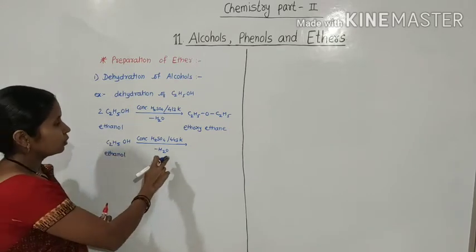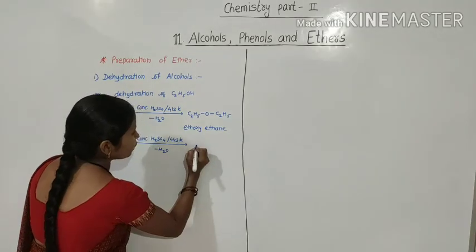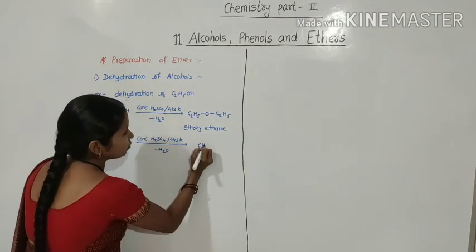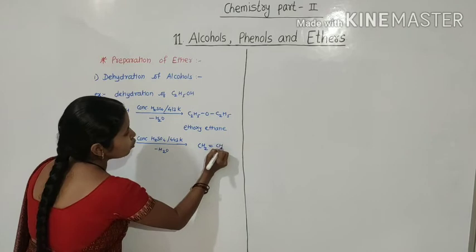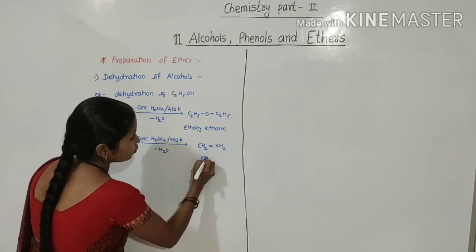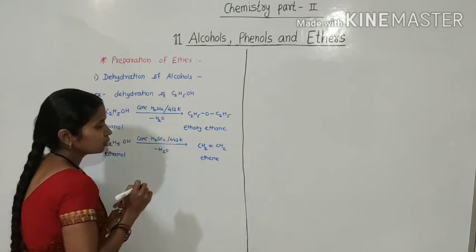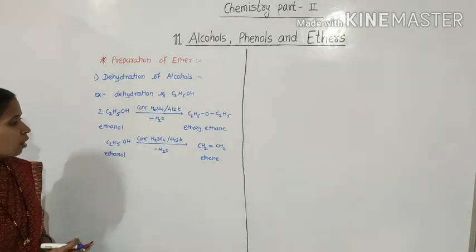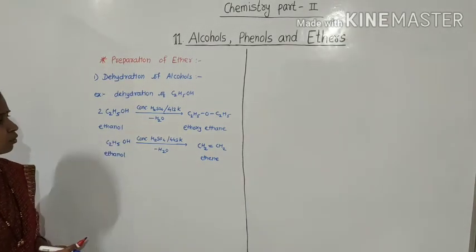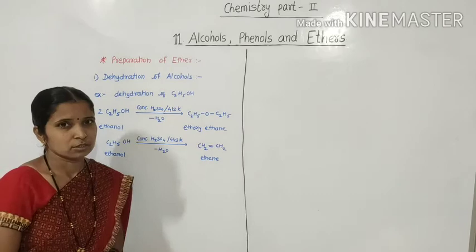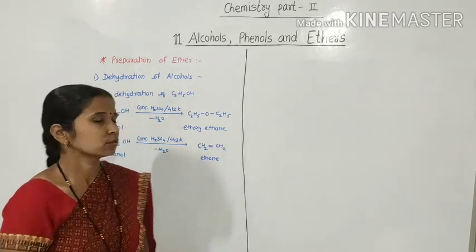The product formed is called ethene, CH2=CH2.